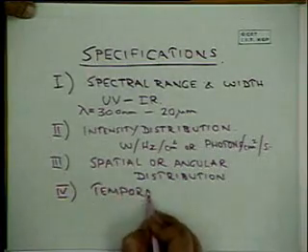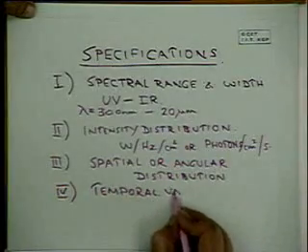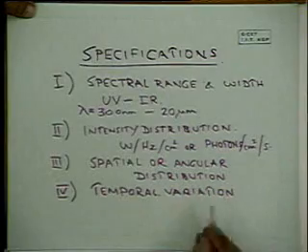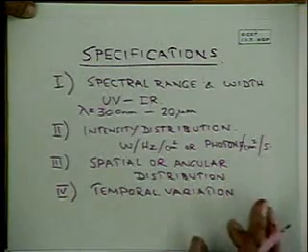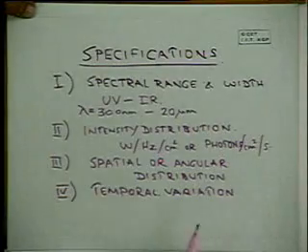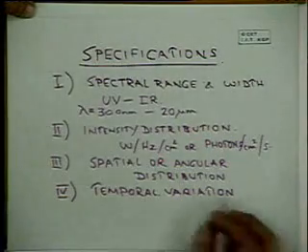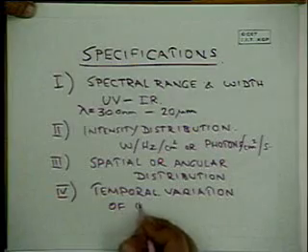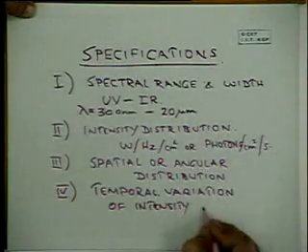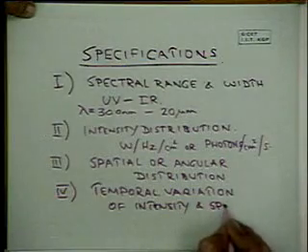nature of the sources, the temporal variation is important. How does the light source vary in intensity with time? Is it slow or is it fast? If it's very fast, then it requires a fast detector. So temporal variation of both intensity, and in some cases the spectrum itself may vary.